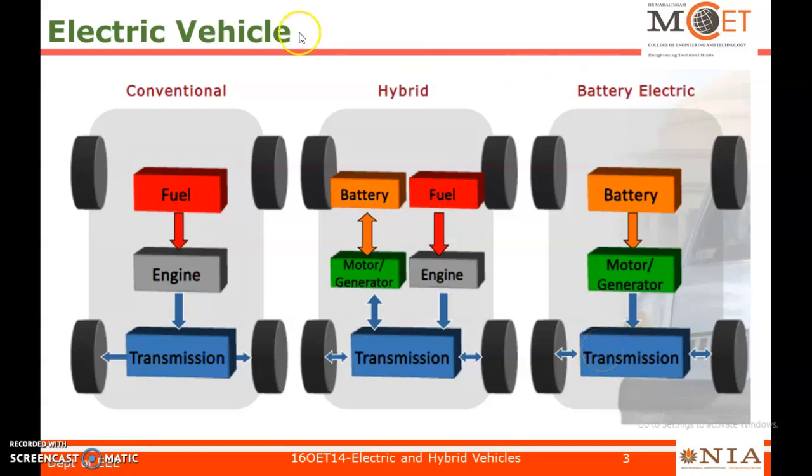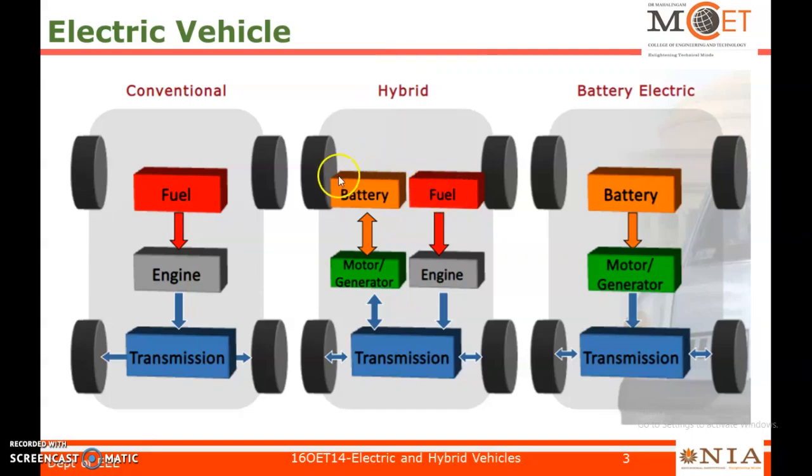The combination of these two, the conventional vehicle and the battery electric vehicle, is said to be the hybrid vehicle. In the hybrid vehicle, there will be the conventional system as well as the battery vehicle system. This is more effective and high impact because all the time we cannot depend upon fuels as a resource for this hybrid vehicle.